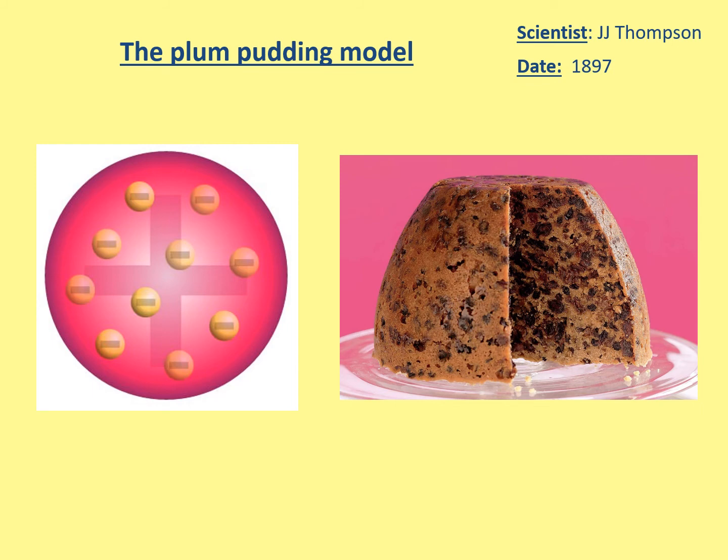So there was a solid lump. The cakey bit was the positive charge, and the electrons were dotted around it, like the fruit dotted around a cake or the pudding. So overall it was neutral, and it was solid, and it was just a positive charge with negative electrons dotted around it.